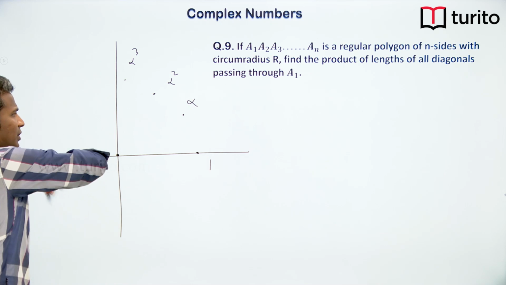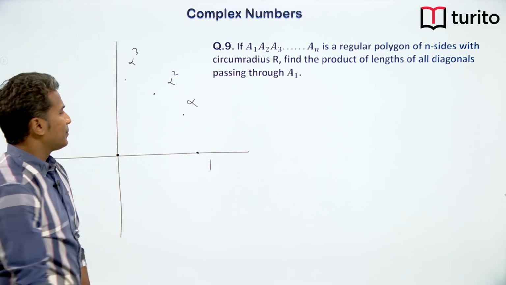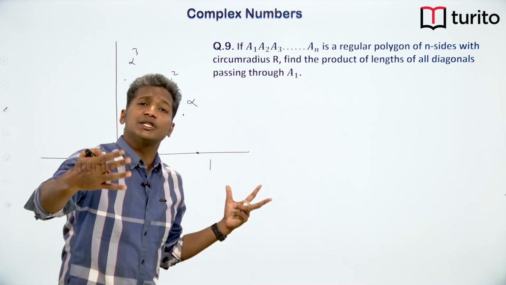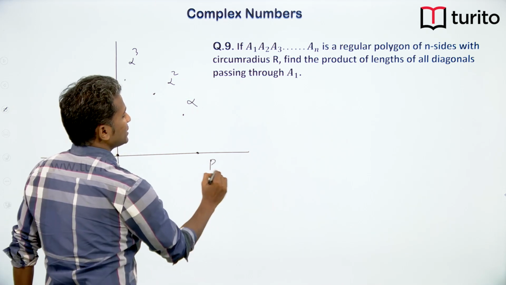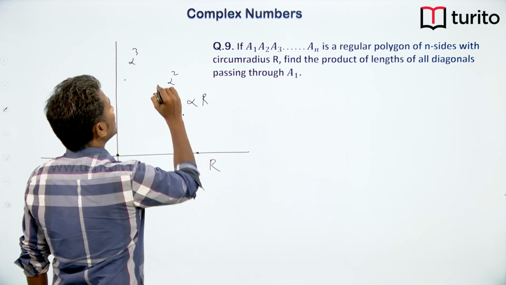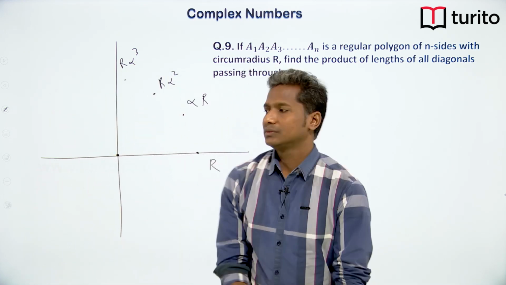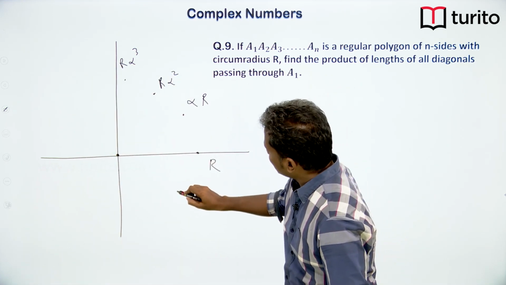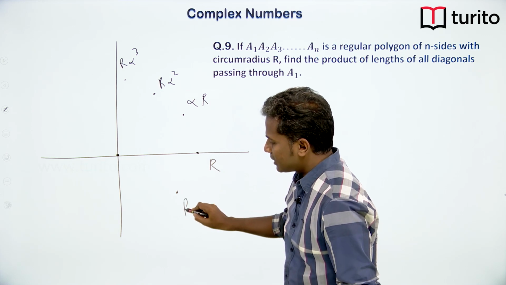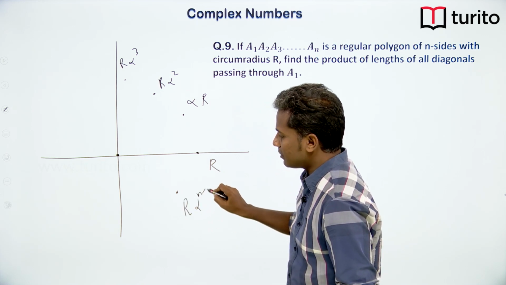Like this every point will come on the unit circle. But now if I take the circumradius to be r, I can take these points as r, r into alpha square, r into alpha cube and so on. Now, that means the nth vertex can also be written as r into alpha power n minus 1.